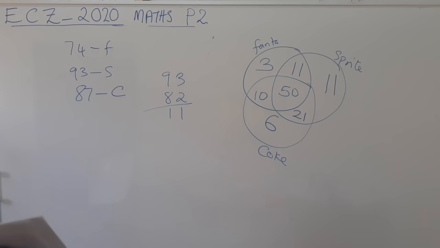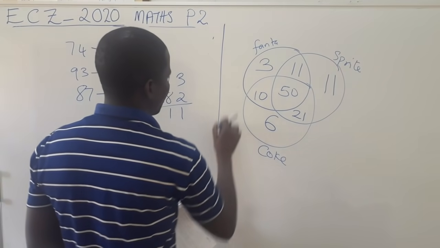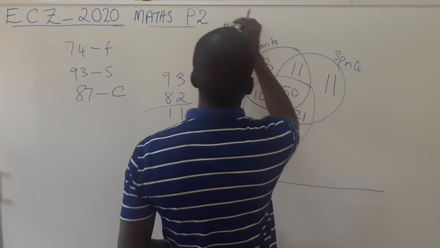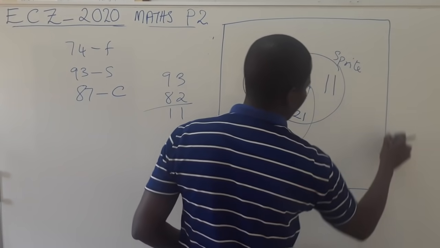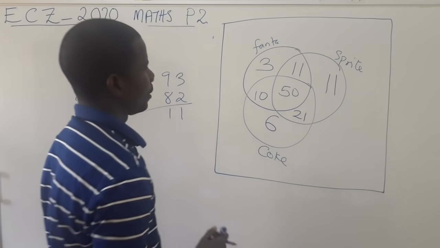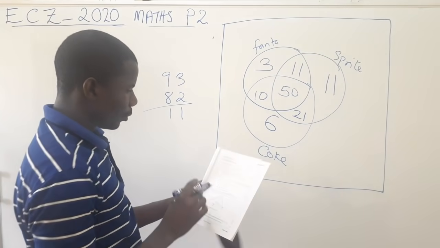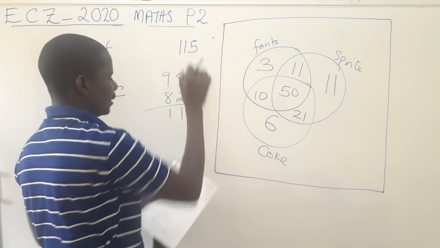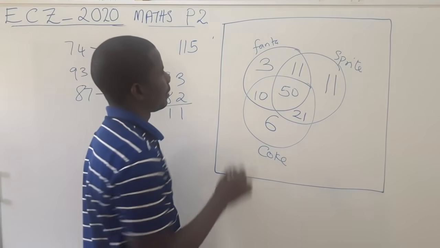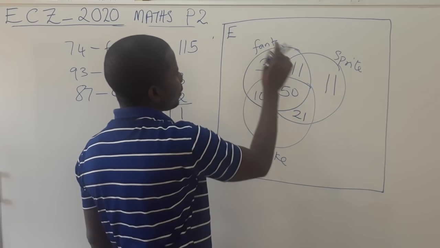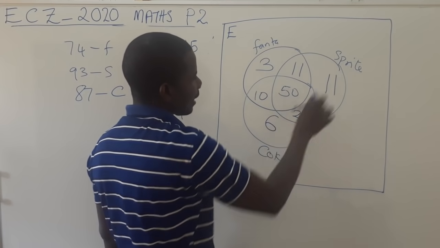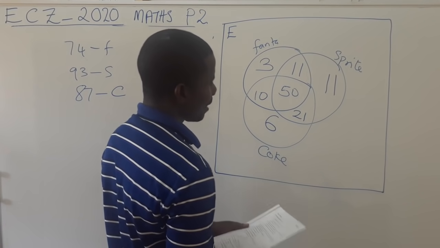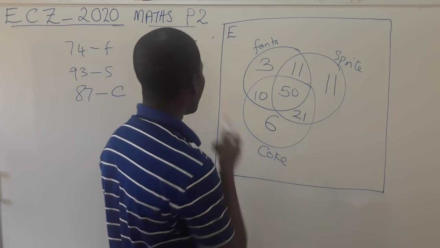At this point, as you may know, this is a Venn diagram. We are told that of the 115 students, we now need to add these ones here and find out how many are remaining from 115.